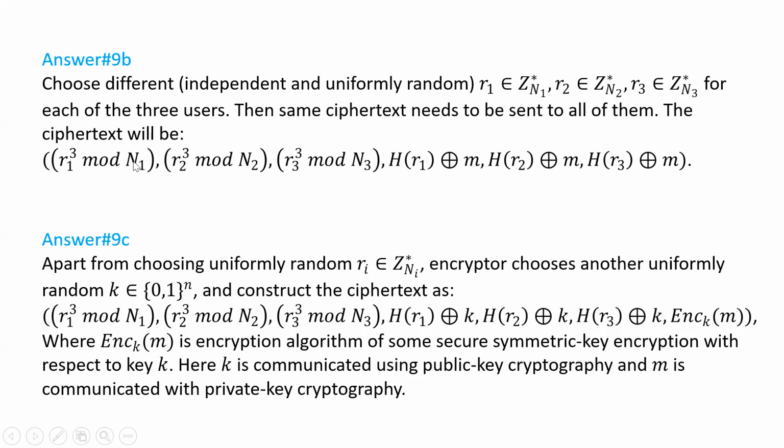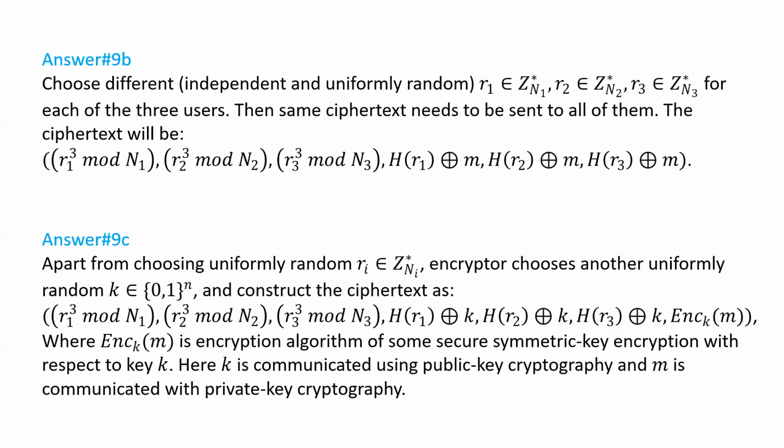After seeing such a ciphertext, each user will just see the value of Ri cube mod Ni and H of Ri XORed with M. While decrypting, it will have access to the value of the corresponding Di.